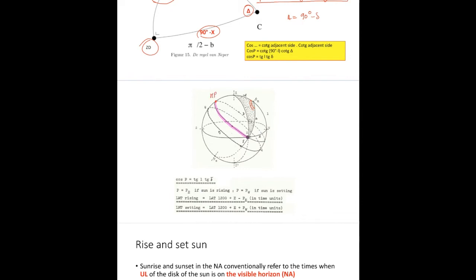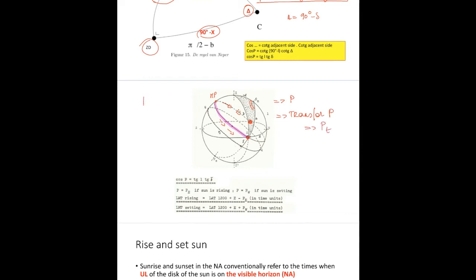If we can calculate this, then we know how many hours before the sun was in this position, and how many hours later the sun will be in this position, okay? And so what should we do then? We should do nothing else but calculate the polar angle with a formula, and then transform the polar angle into a polar angle in time, okay?